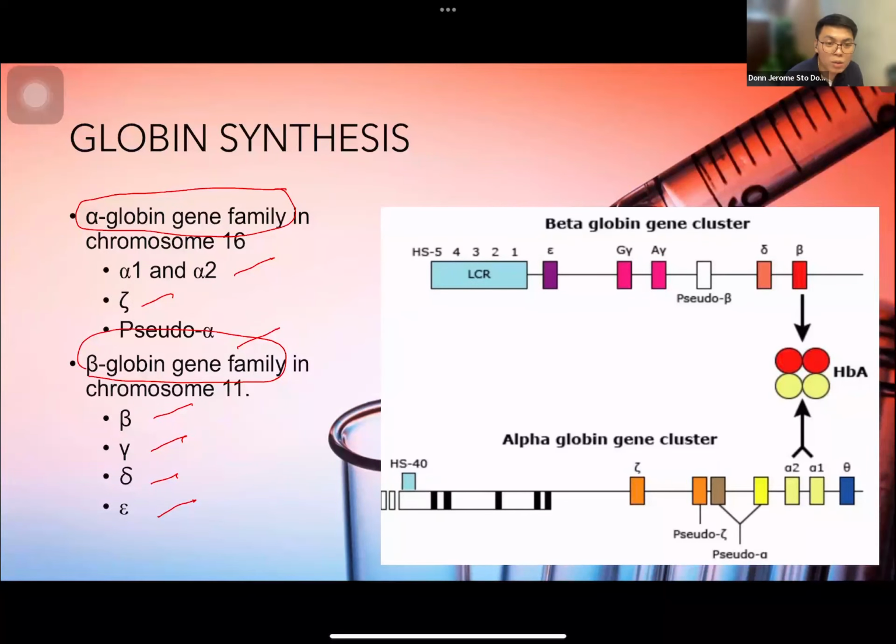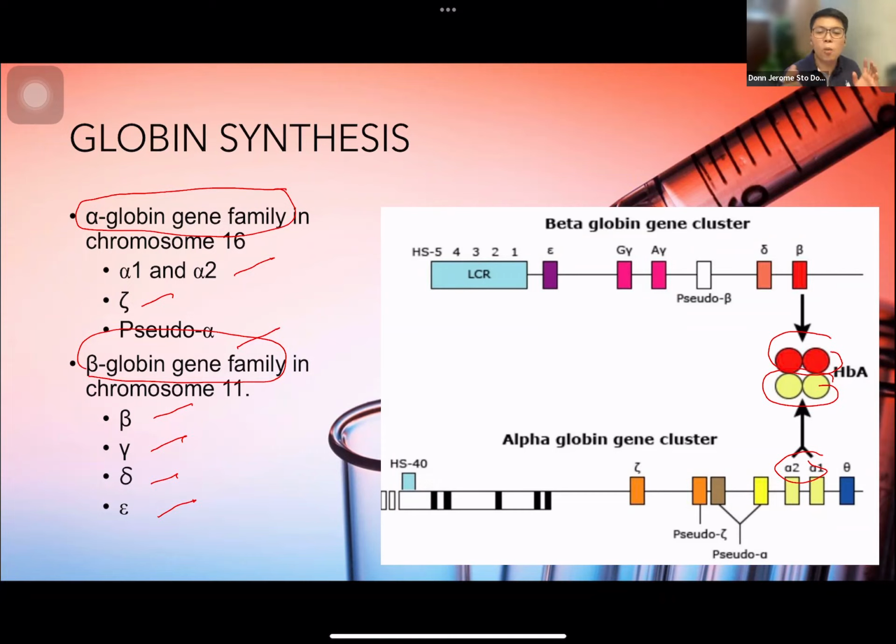In adult hemoglobin, again, what's the composition? You have 2 alpha coming from the alpha globin gene family and 2 beta from the beta globin gene family. Laging ganyan, sa normal. Later on, we'll be discussing the different types of hemoglobin.